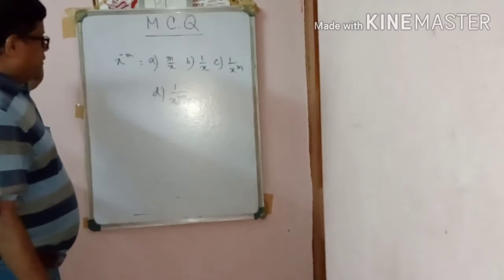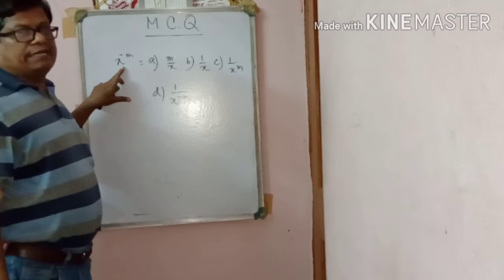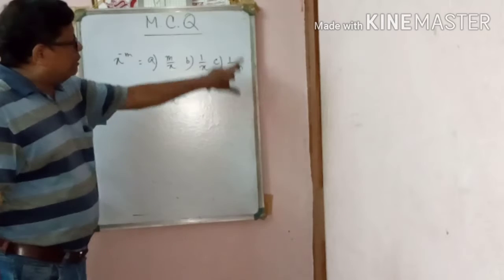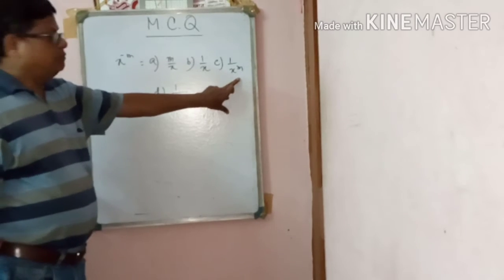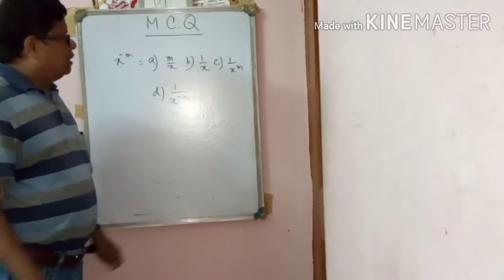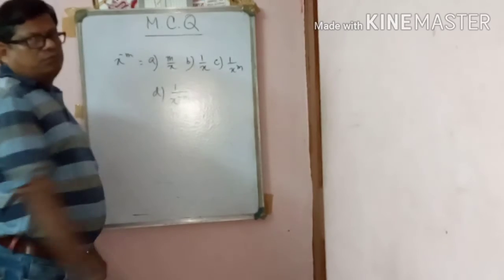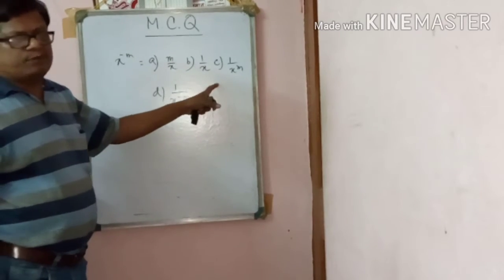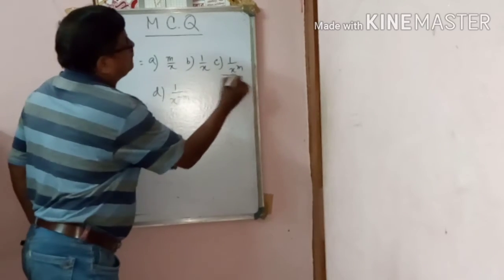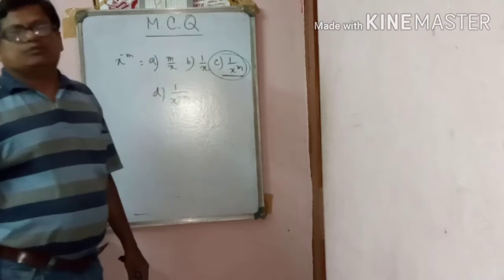Which option is correct? See, x to the power minus m equal to 1 by x to the power m. Just now I explained this part. So C will be the answer. This answer is correct.